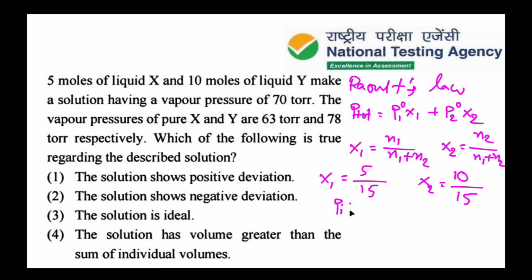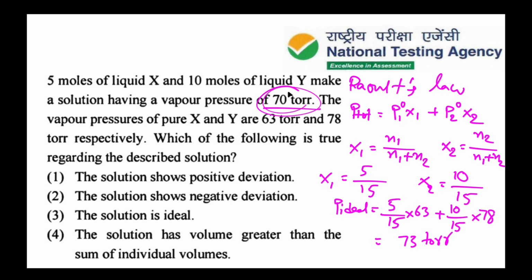Then P ideal is equal to P1 naught, that is 63 bar, times X1, that is 5 by 15, into 63, plus 10 by 15 into 78. So this total value is equal to 73 bar. The measured pressure is 70 bar, which is lower than the ideal pressure.